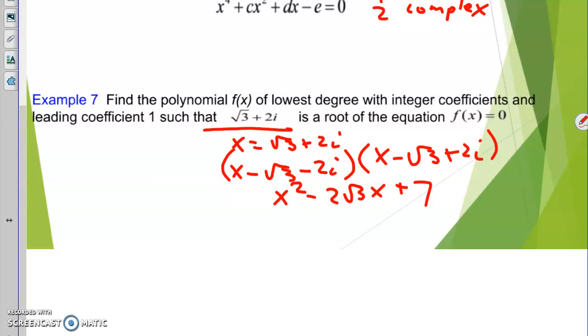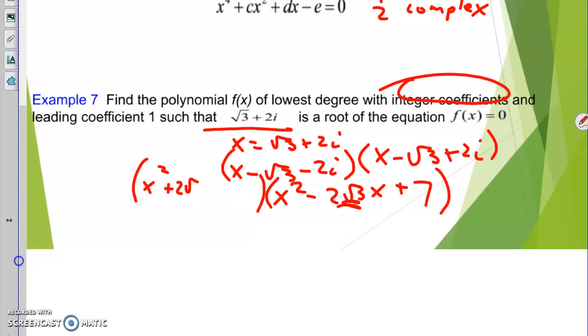And if I have to have integer coefficients, which it says there, we really don't have integer coefficients there. So if I want to get rid of that, I know that if I multiply it by its conjugate, and that's not the nicest conjugate, but I'm going to have x squared plus 2 root 3x plus 7.